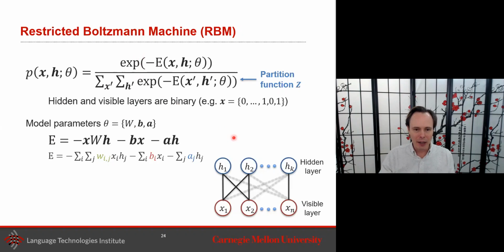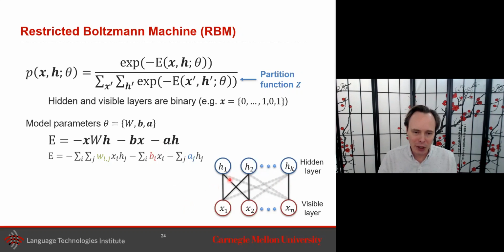And how do I know if an event is likely to happen? For that, I will look at all of these links. If you remember, I don't link the variables within a layer, so there's no link there, but the most important part is the links between X and H. All of these weights W are really going to define how likely it is.